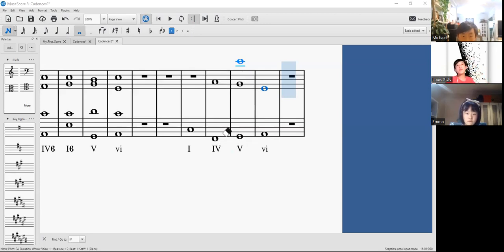Let's do this. We can put a G in the soprano so that we have contrary motion between the bass and the soprano still. So wherever possible, do try to make the bass and the soprano move in contrary motion. It avoids consecutives and it saves you a lot of time.